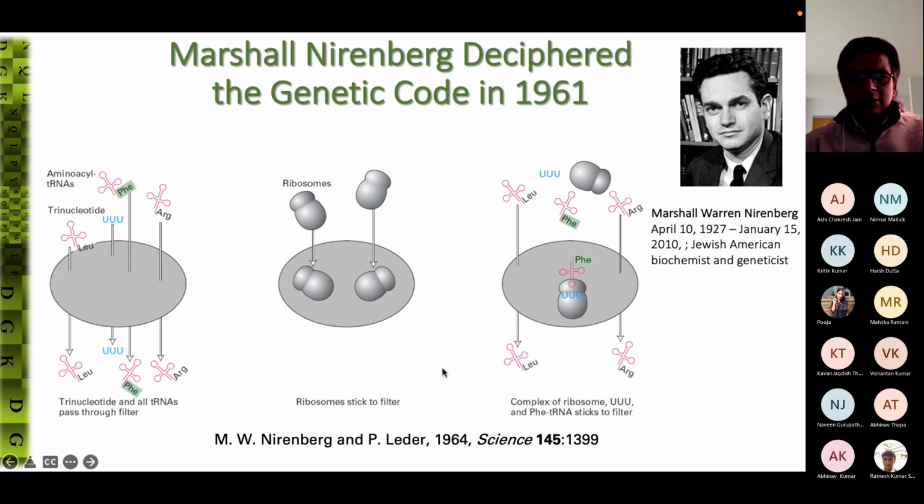And of course, later on, this whole work got refined, and along with him, you had Robert Holley and Har Gobind Khorana, who also got the Nobel Prize along with him. Khorana got it because he was able to come up with methods that could precisely synthesize chains of the mRNA and exactly where you could link it.